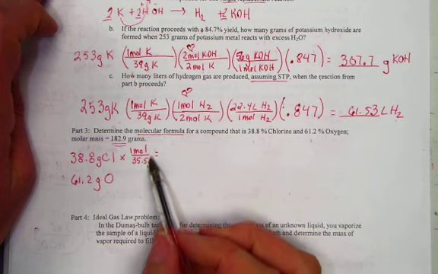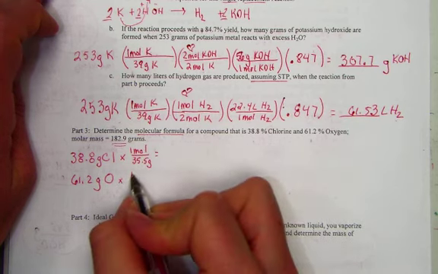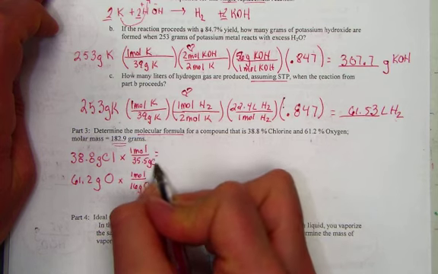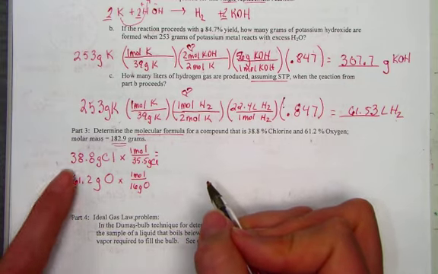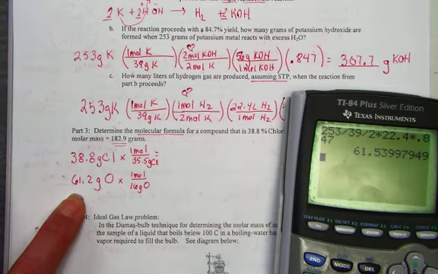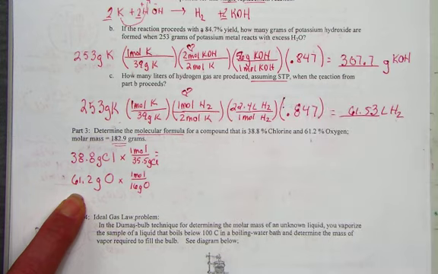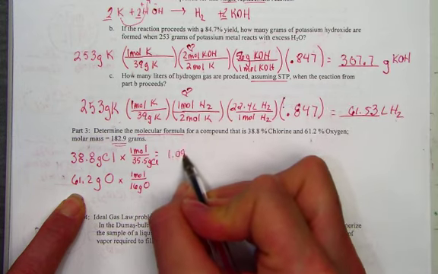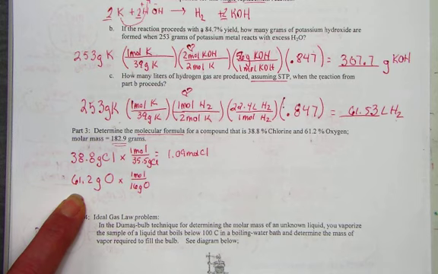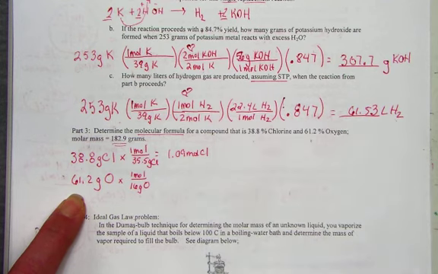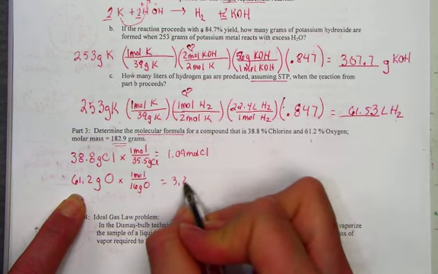So 35.5 is the molar mass of chlorine, 16 being the molar mass of oxygen, and let's find the number of moles of each of the ingredients. So we'll hit our 38.8 divided by 35.5 gets us 1.09 moles of chlorine. And we have 61.2 divided by 16, 3.825 moles of oxygen.